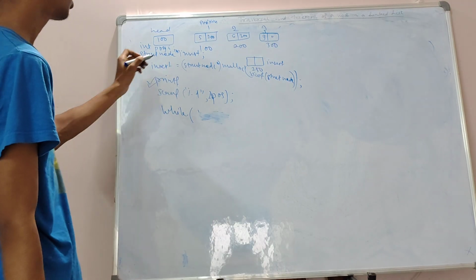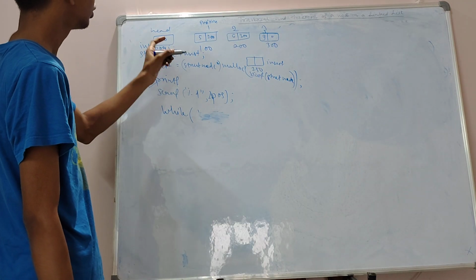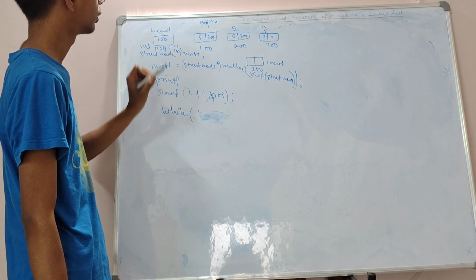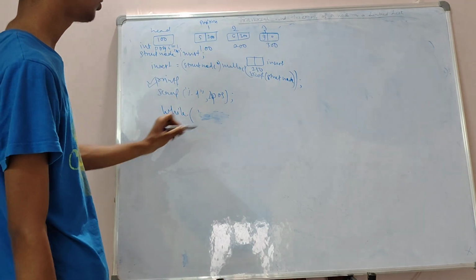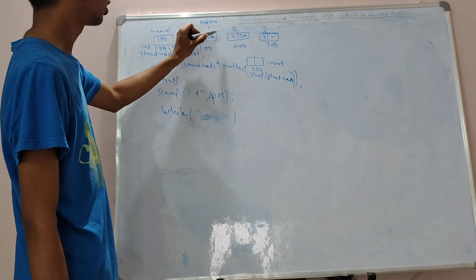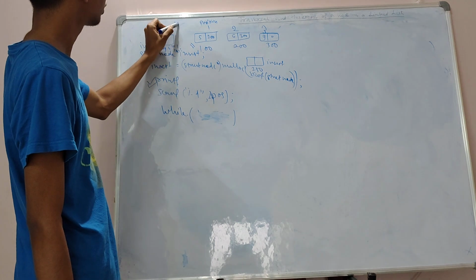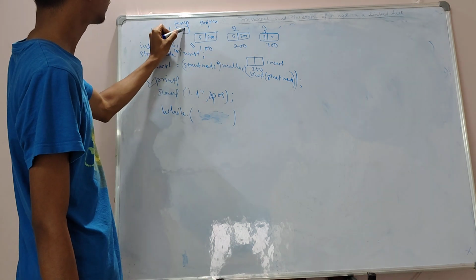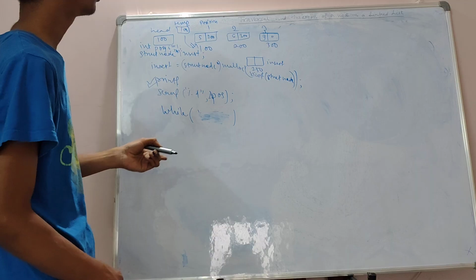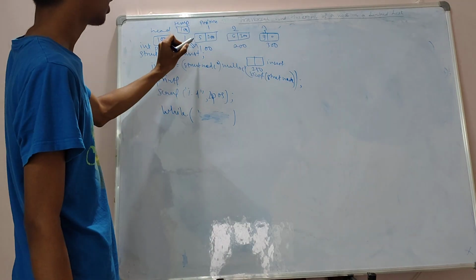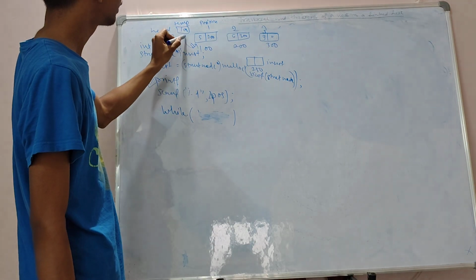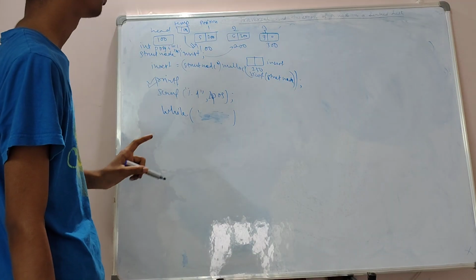Suppose I have started with i from 1, right? So I will run a loop. When my temp is pointing here, after the first iteration, temp will go here, right?